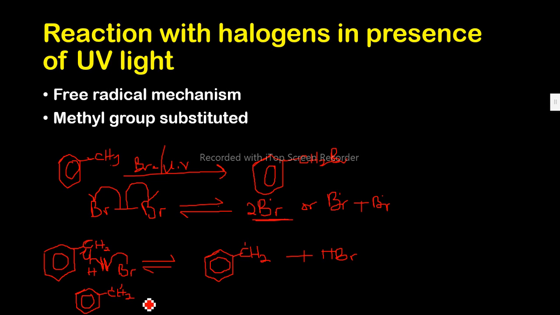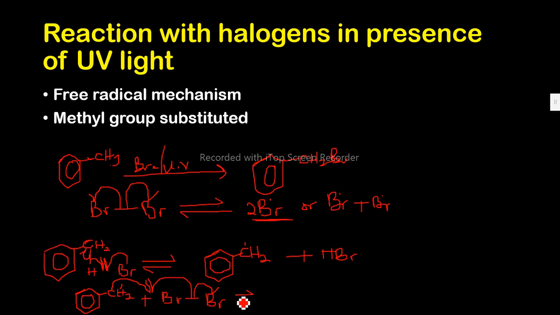Then it reacts with a neutral molecule of bromine. It's a neutral molecule. If you put a radical like how some of you did, I cross. So whereby it's 1 electron that is moving, and 1 electron will come and pair up with 1 electron from the phenyl methyl radical, and then the remaining one is taken up by the Br.